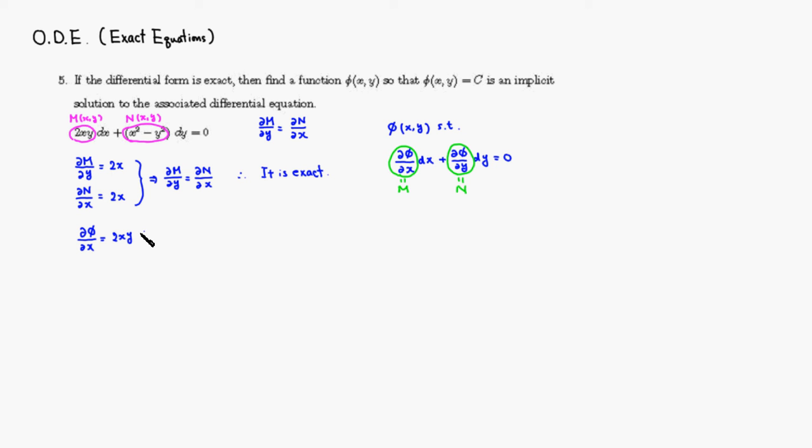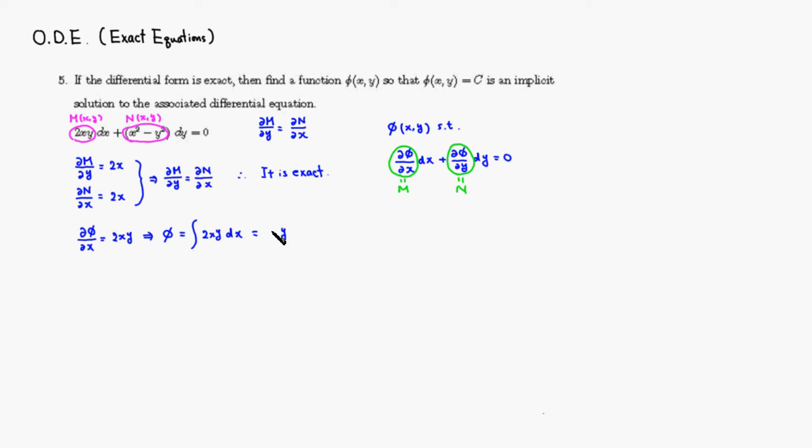If that's the case, we can recover phi by simply taking the antiderivative of 2xy with respect to x. So y is just a number, so I'll just put the y.